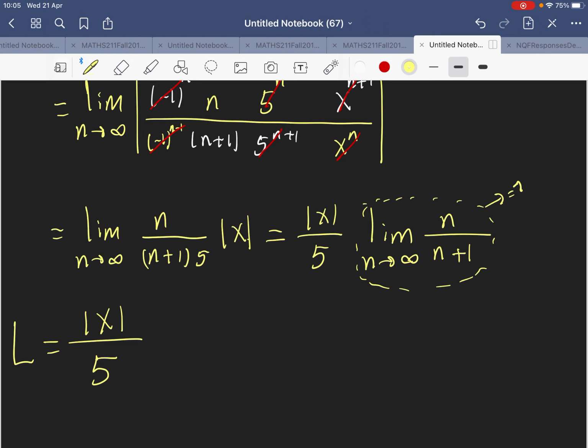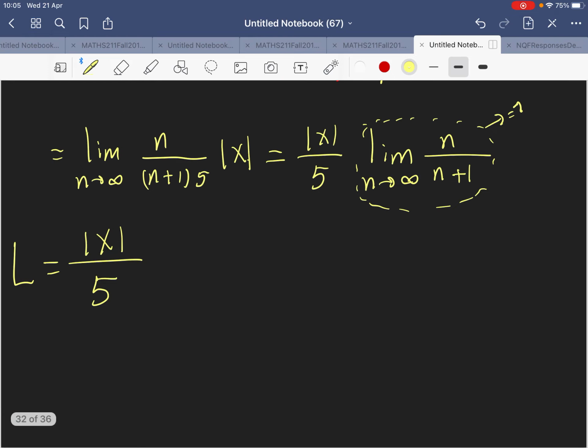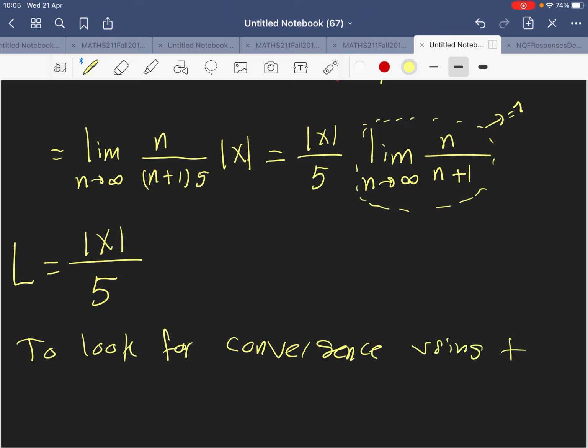Now you have to tell me, if I use the ratio test, I'm looking for convergence. To look for convergence using the ratio test, the limit must be what?